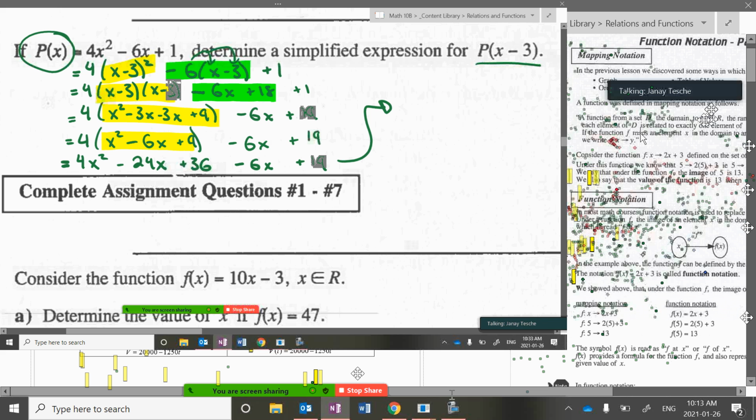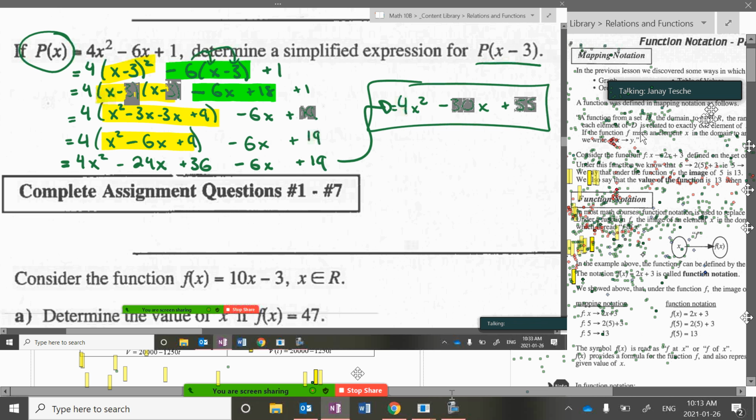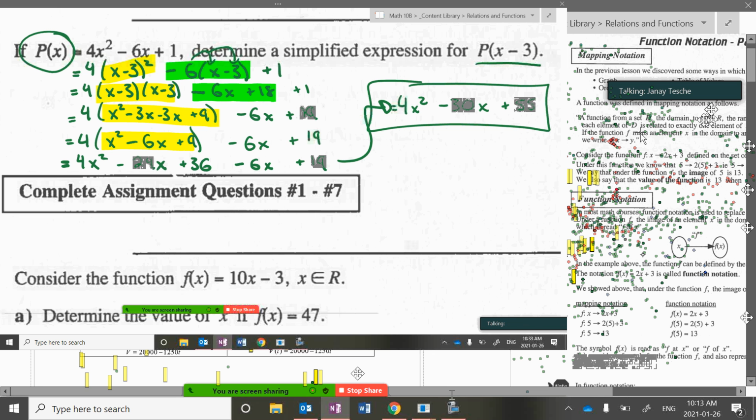So I have 4x squared, but then I have minus 24 minus 6, so that gives me minus 30 x's in total and 55 ones. Questions like this is a really good like level 5-6 question. 2 units together in one.